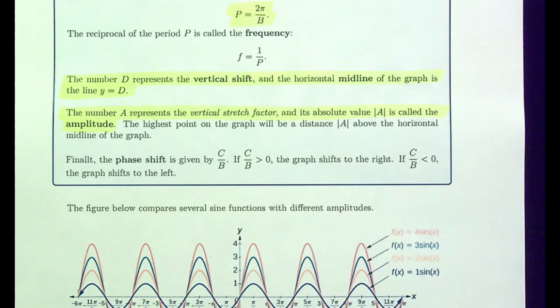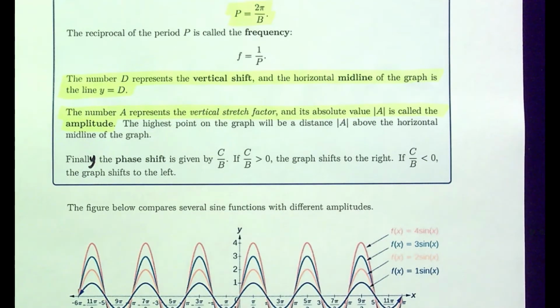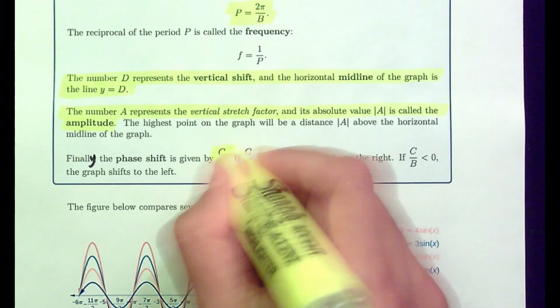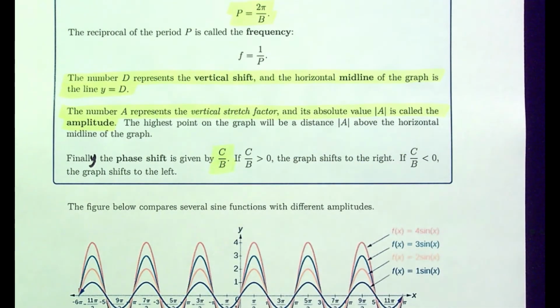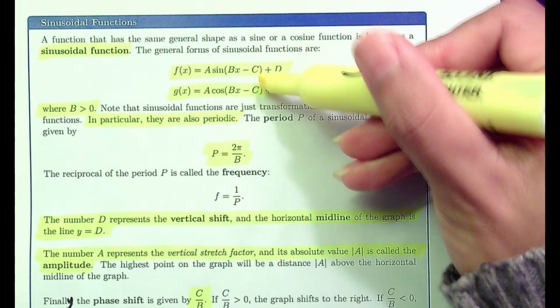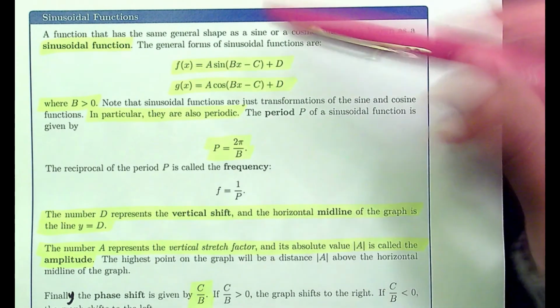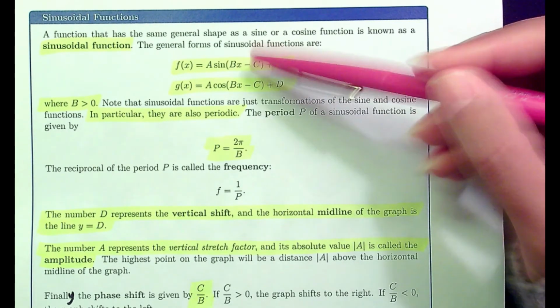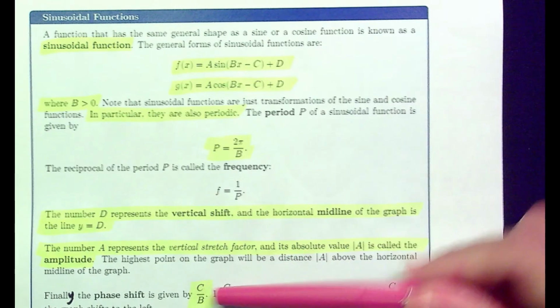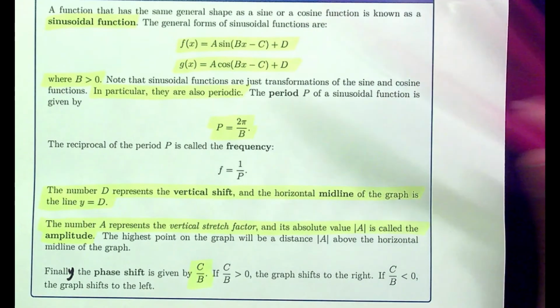And finally, oops, there's a little typo there. Finally, the phase shift is given by C over B. Okay, memorize that as well. C over B. So I'm dividing C over B. And note that even though there's a minus here, it is minus negative C. I'm dividing by the positive C. So in general, it's going to be the opposite of whatever sign you see here.